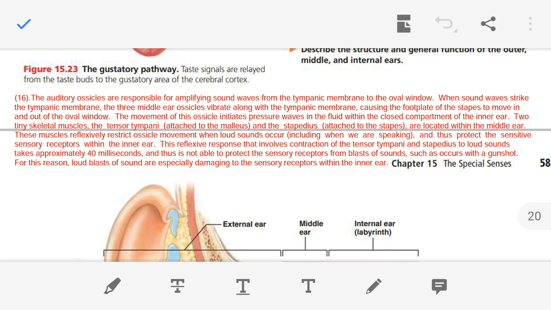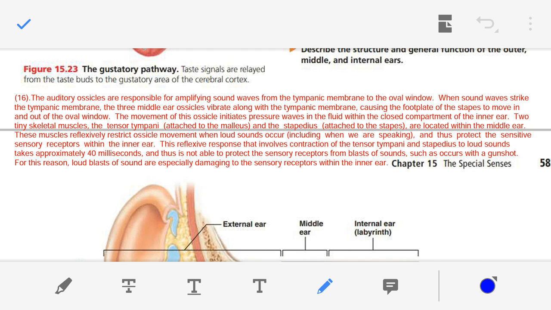Now two tiny skeletal muscles are also attached to the auditory ossicles. One muscle is the tensor tympani. The tensor tympani muscle is attached to the malleus. And the second muscle is known as the stapedius.